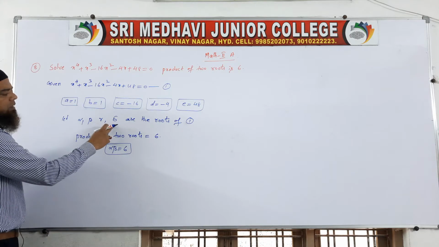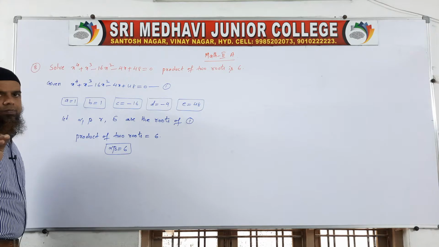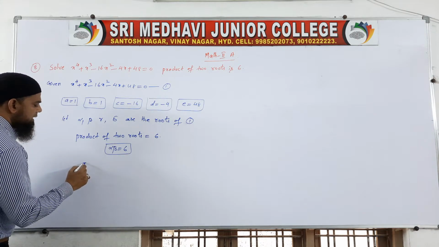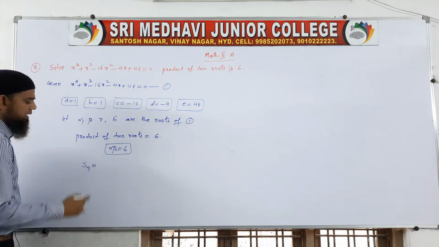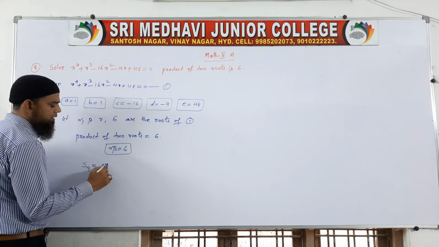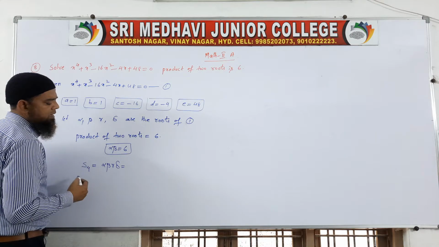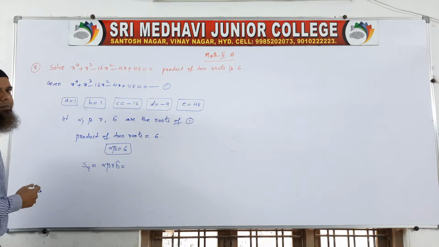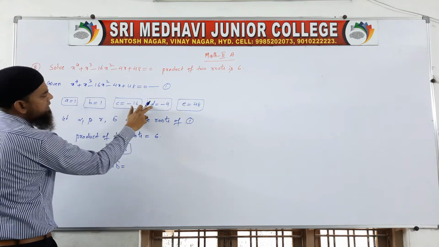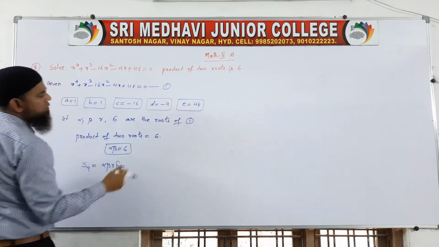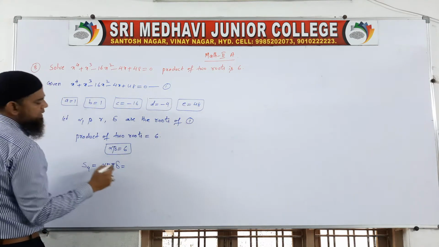Here 4 roots are there, so we are having S1, S2, S3, S4. Now I am writing S4 here. S4 means simply we are multiplying all the roots, taking 4 roots at a time, that is nothing but alpha, beta, gamma, delta. What is S4 from the equation? B by A is S1, C by A is S2, D by A is S3, E by A is S4. E means 48, A means 1.